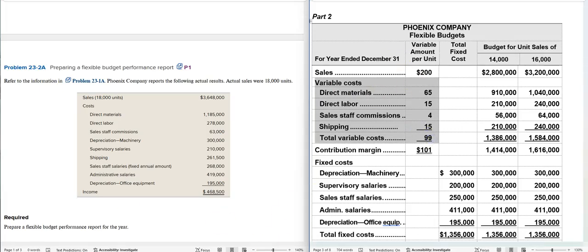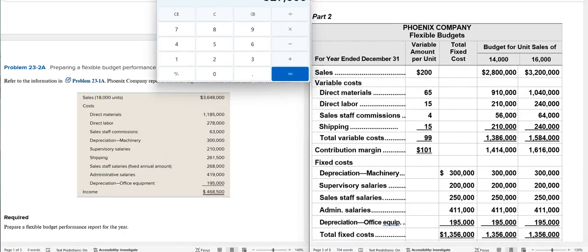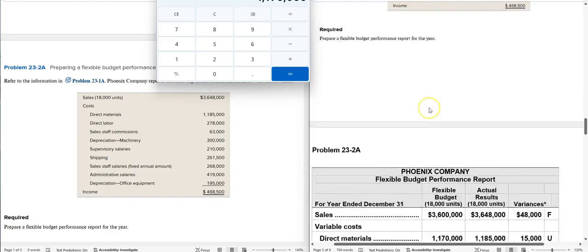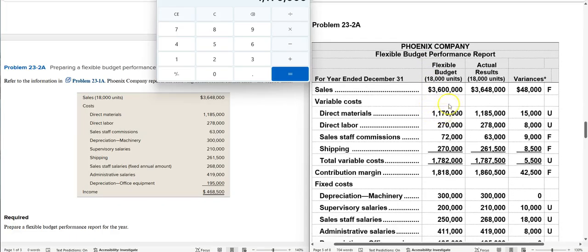So if I multiply 18,000 times 65, direct materials would be budgeted at 1,170,000 for a budget based off of 18,000 units.